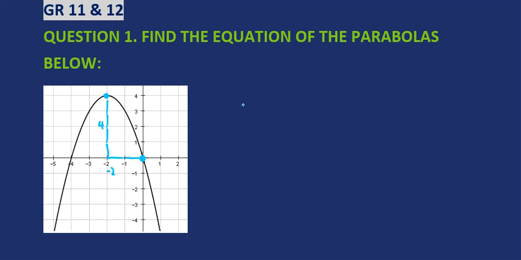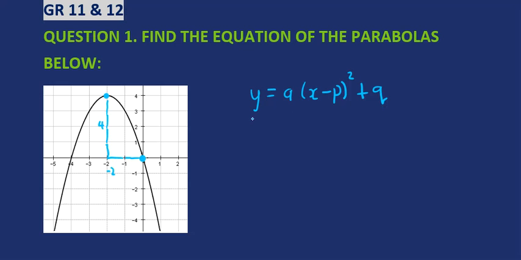Okay, so the general formula that we use when we have a shifted parabola is y equals a(x minus p) squared, plus q. The p is the shift along the x-axis and q is the shift along the y-axis.